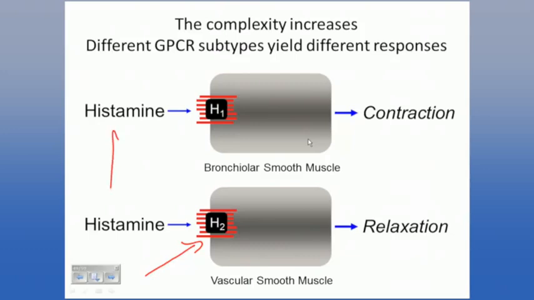So here we have the same ligand binding to histamine receptors that differ in terms of their subtype and differ in terms of their location. So H1, bronchiolar smooth muscle, H2, vascular smooth muscle. Histamine binding, as we've said previously, to the H1 receptor subtype, results in an increase in intracellular calcium and bronchoconstriction or contraction.